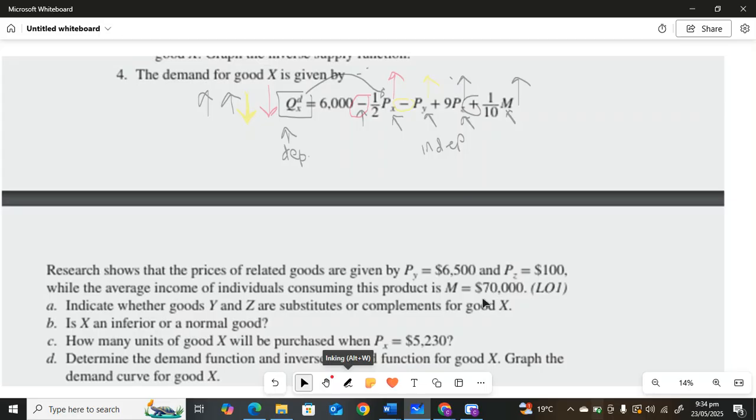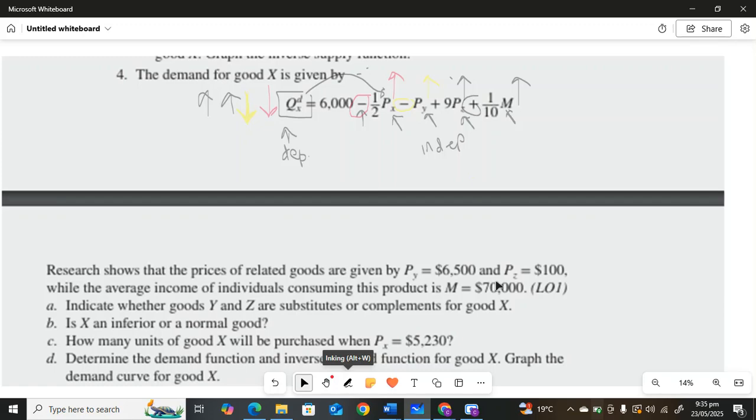A complementary good, like bread and butter, butter is a complementary good.